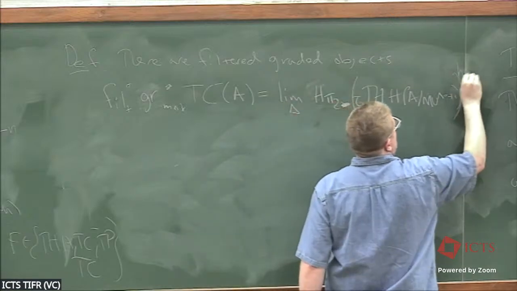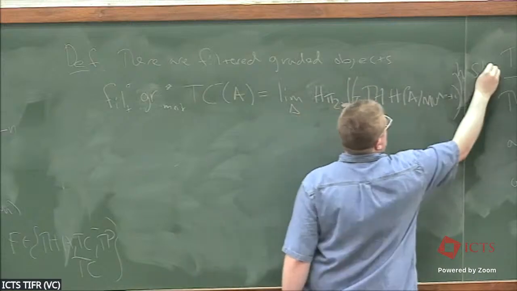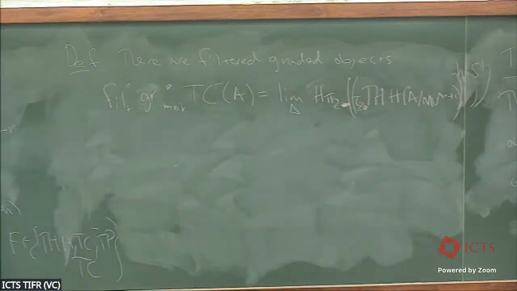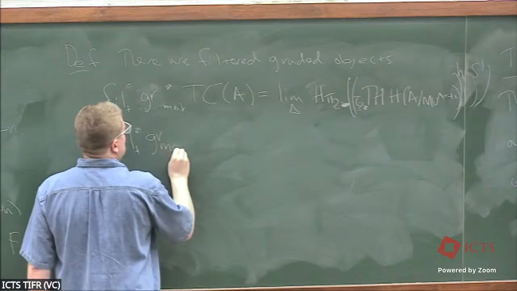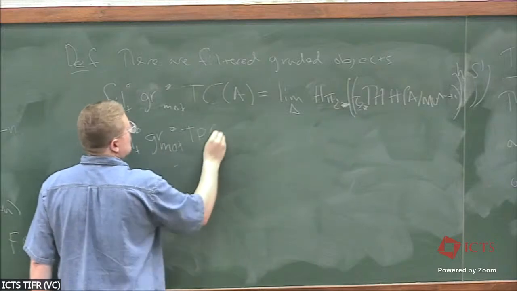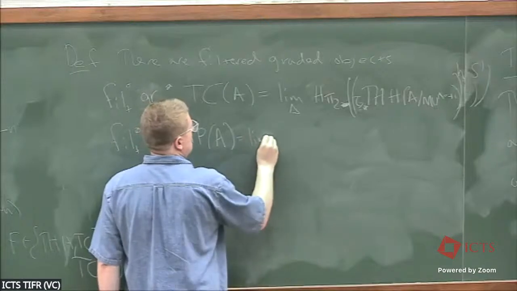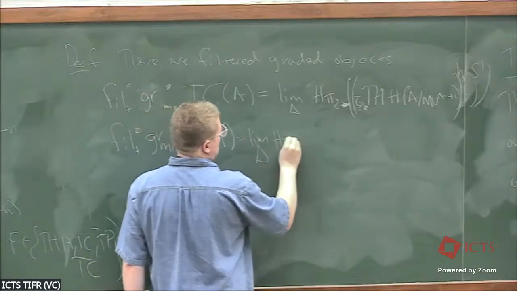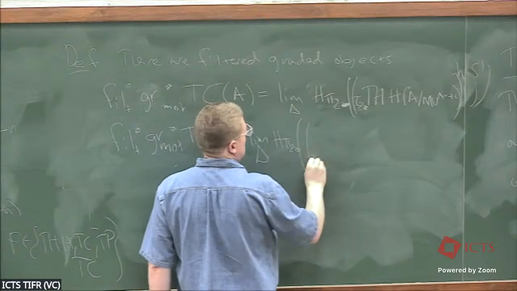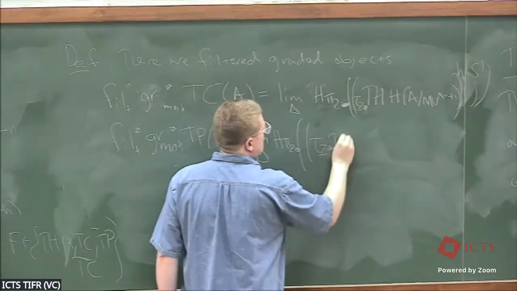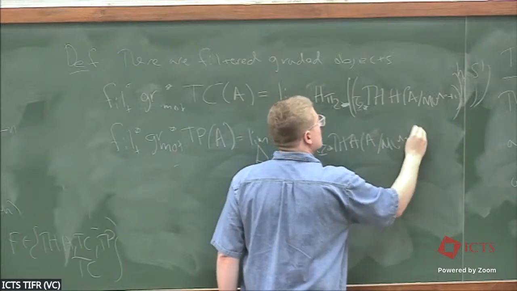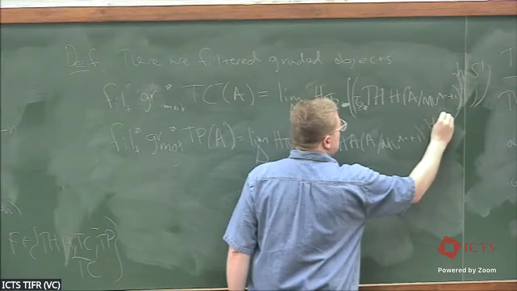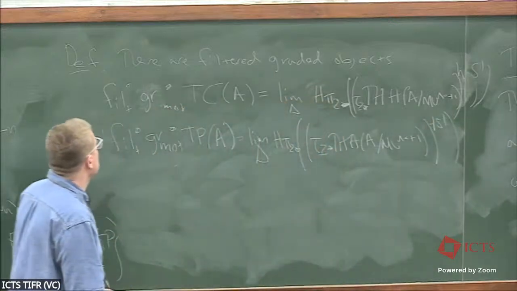And then we're going to take homotopy fixed points. Okay, so that's a bit of a mess, but there's some filtration. You do something similar for TP: this limit over delta, H pi 2 star, tau graded with the star THH of A over MU bullet plus 1, Tate. Okay, so we have these filtrations.